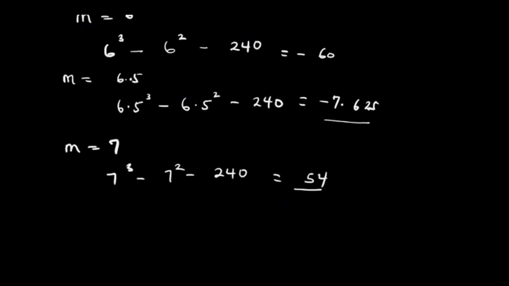So let's say m is equal to 6.7. Let's try that. So you have 6.7 cubed minus 6.7 squared minus 240. We have 15.